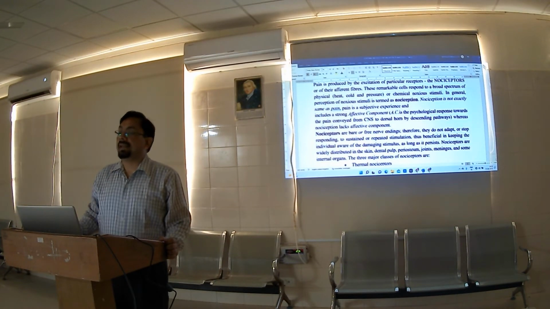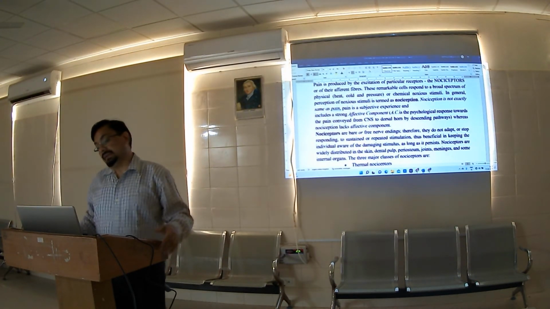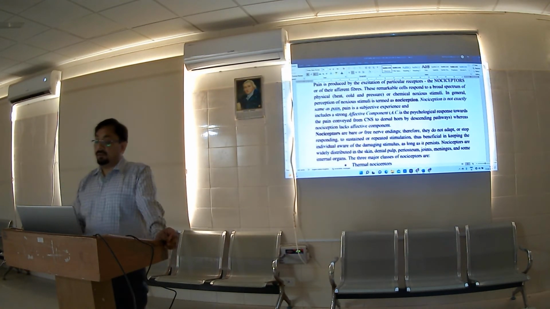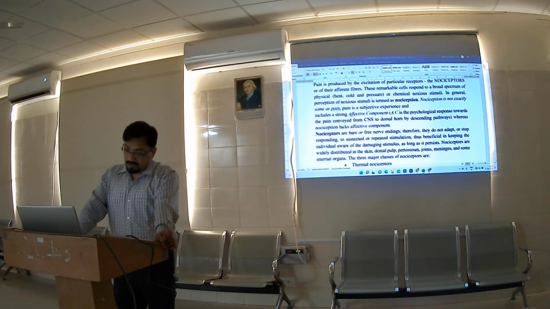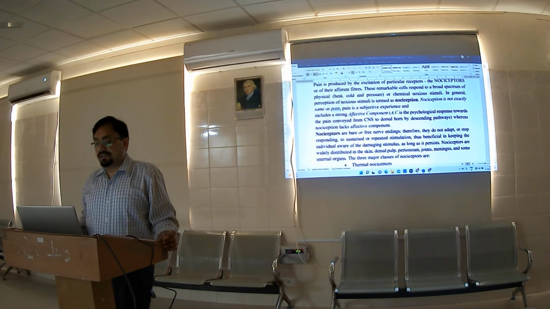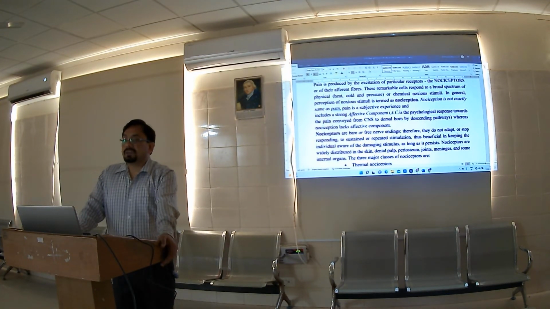Some of the chemical noxious stimuli which we can administer externally to induce the pain could also be the basis for the development of the models. In general, perception of the noxious stimuli is termed as nociception.